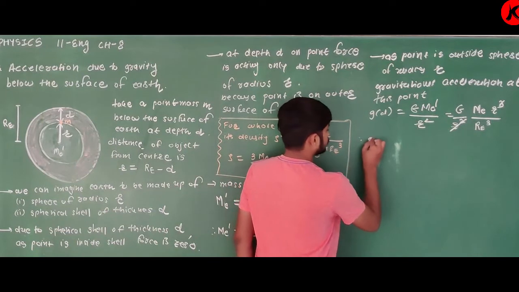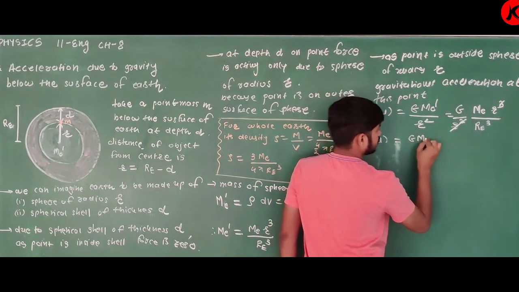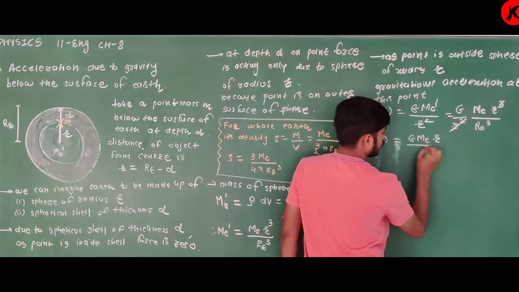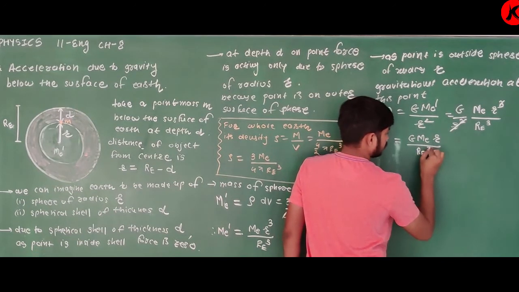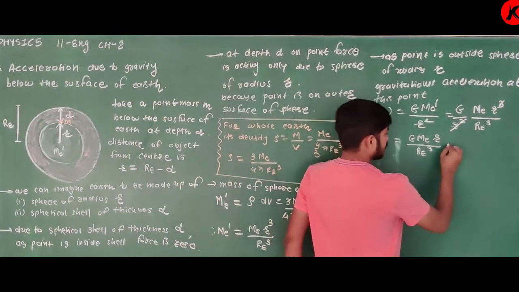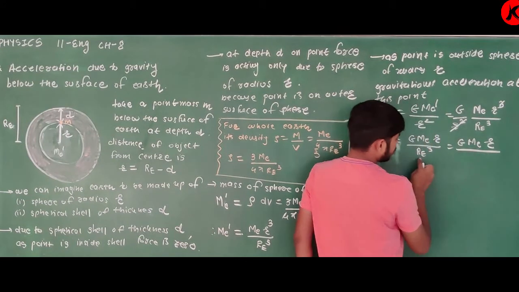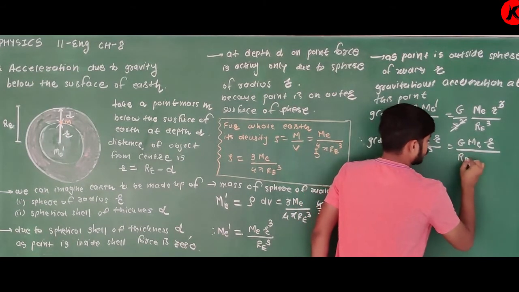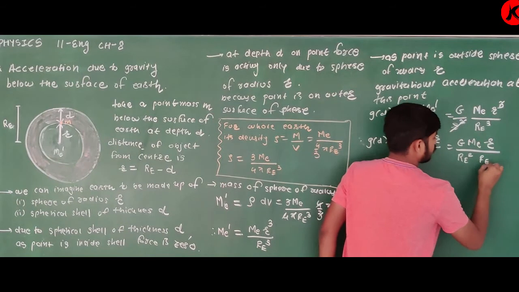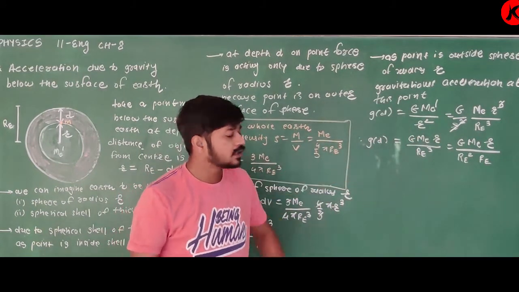So therefore Gd is equal to G ME r upon RE cubed. Simple. I can write this as G ME upon RE square into r upon RE. Yes or no?